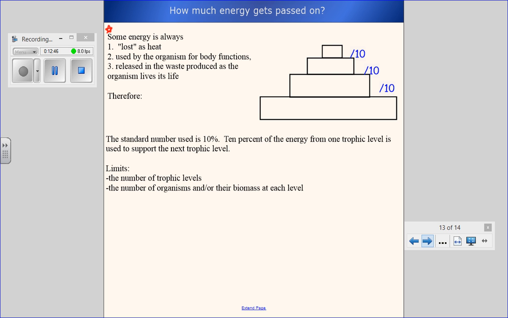At each level of the food chain, some energy is always "lost." Now we know it's not really lost, that's why lost is in quotes. We call it lost because it is unusable. The next level of the food chain cannot access that energy. For example, every time a muscle contracts, a little bit of heat is created.